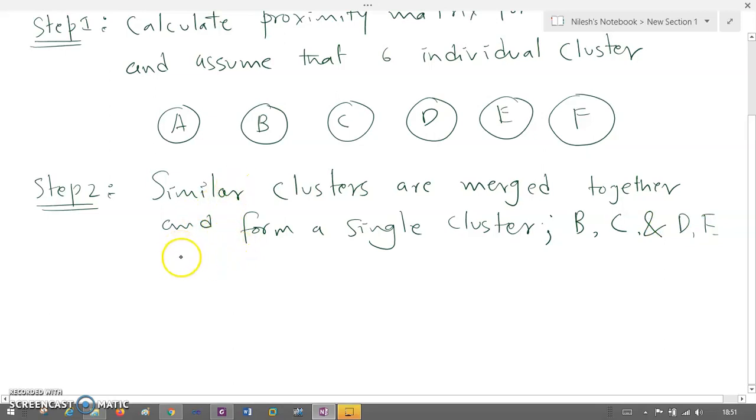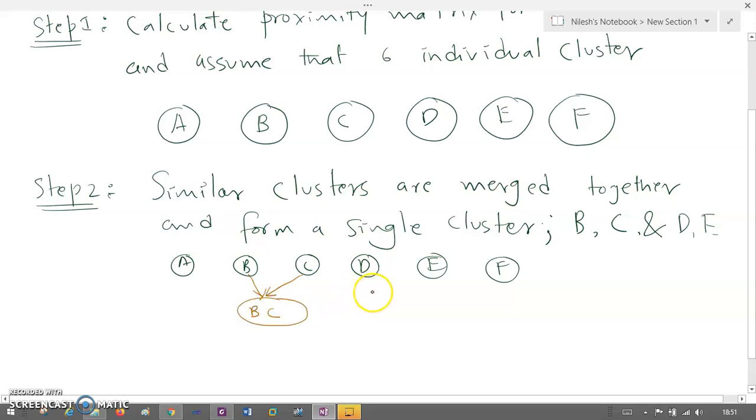So what I can do is I will again create this A, B, C, D, E and F, and I'll change the color here. What I can say here is that I'll make this cluster B and C. I put that in one cluster, B and C. In the very same way, I'm going to take D and E and I'll put them in one cluster.